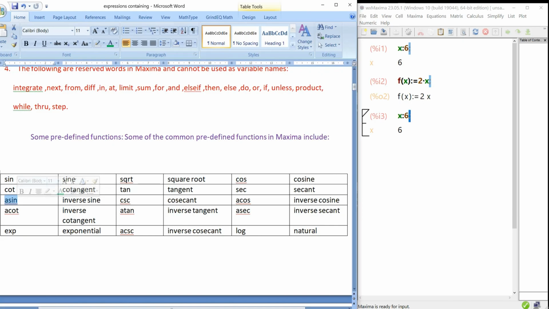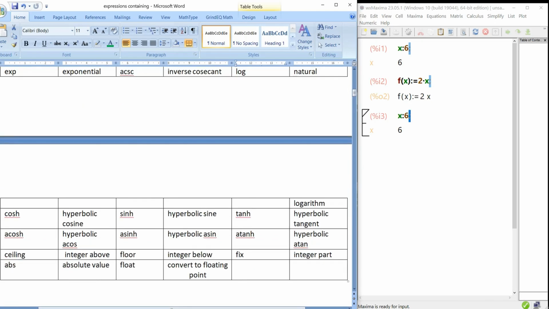Cot, cotangent. asin means inverse sine, arc sine. Arc cotangent, exponential function, square root function, tangent function, cosecant function, arc tangent function, meaning the inverse tangent function, arc cosecant, meaning the inverse cosecant function. Are you understanding, children? Cosine function, secant function, inverse cosine function, inverse secant function, logarithmic function, right?